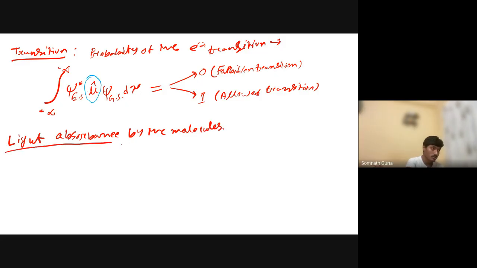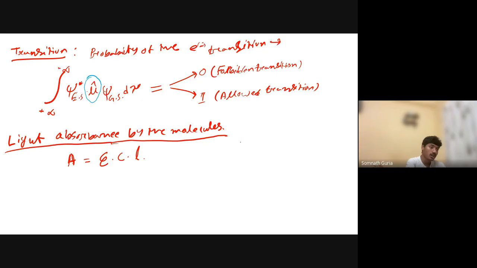So one term is absorbance, which is denoted as A, equal to epsilon c l. C is the concentration, l is the path length the light passes through.